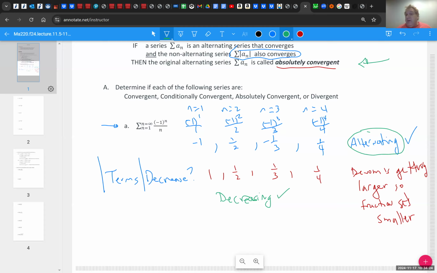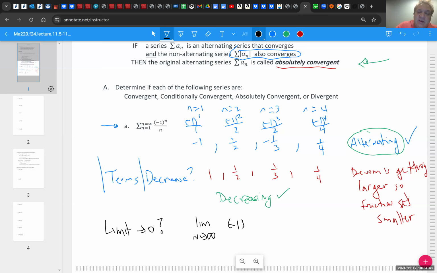The third thing we have to check is that the limit as n goes to infinity is equal to 0. So what about the limit, does it go to 0? What we'll do is take the limit as n goes to infinity of our sequence of numbers that we're adding up.